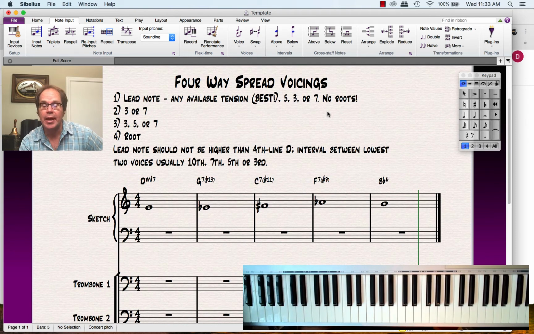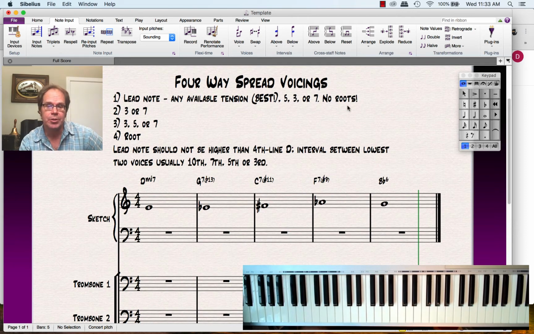Or they can be a supporting voicing when we get to full tutti later, and we'll talk about that when we get there. But obviously, if you put a root in your lead and your fourth note also has to be a root, that means we've gone down to a three-note voicing, and we're going to lose some of the information in there that we really want to hear.